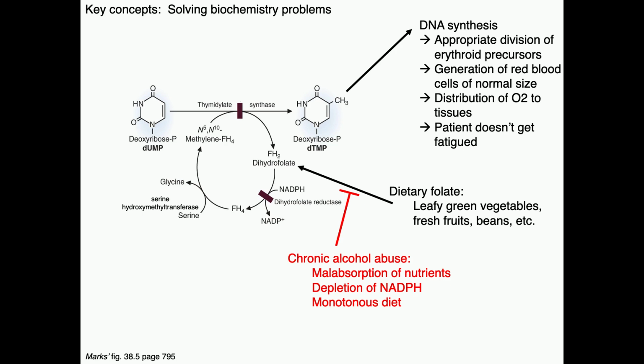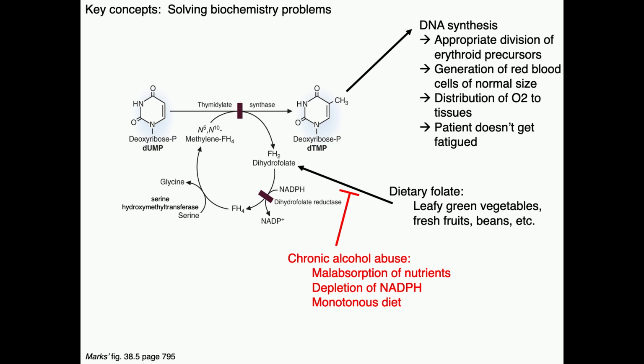And this has to do with maldistribution of fat, so any sort of a fat soluble vitamin could have a potential to be problematic. Corruption of the intestinal lining, so you get a lot of issues with absorption and distribution of nutrients. There's also oxidative stress that's associated with metabolism of large quantities of alcohol, and that can deplete the NADPH that's necessary to sustain the cycle of recycling the vitamin-derived folic acid.